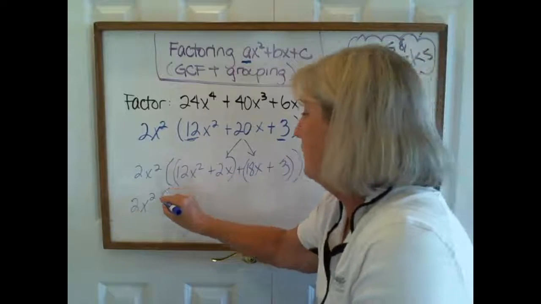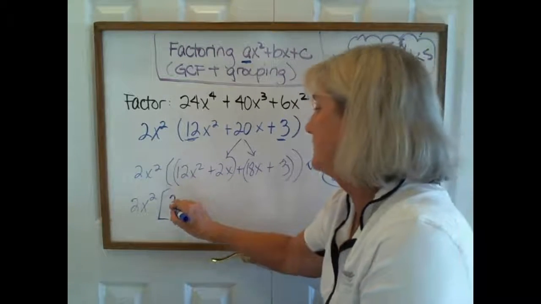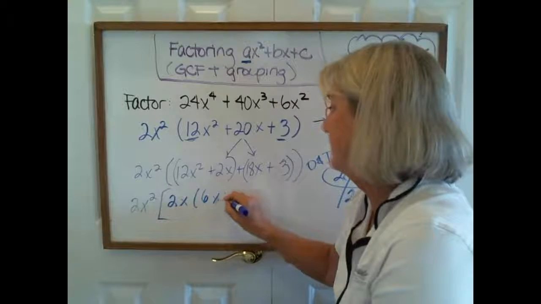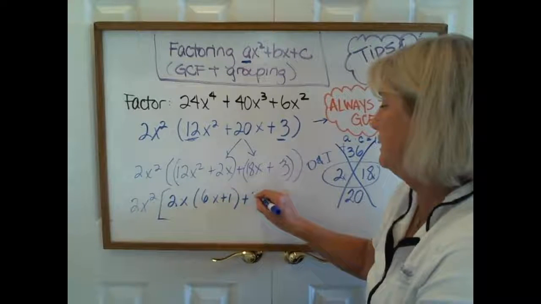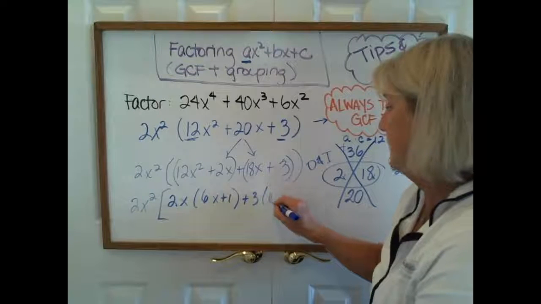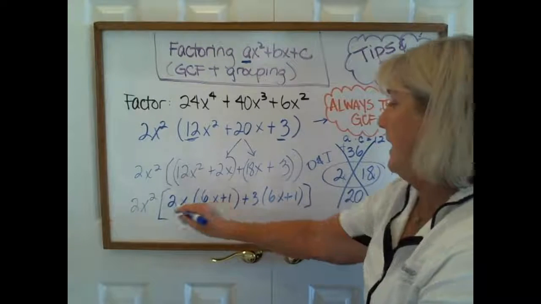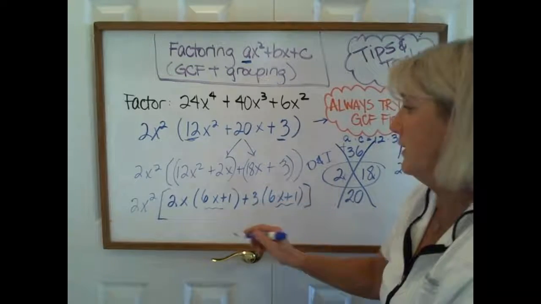And so now we look at the first group. We can take out a 2x. And so we're left with 6x plus 1. And here we can take out a 3. So it's plus 3 times 6x plus 1. And so now we have this common factor. Those match, which again is very important.